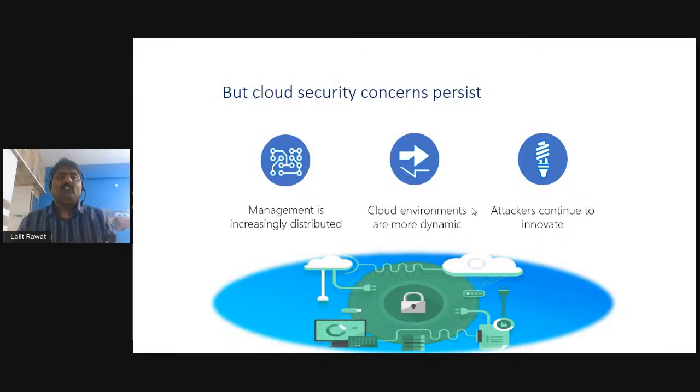They find new ways to attack and reach your resources. Even if you deploy services in Microsoft Azure but do not implement the services which help you govern or secure the Azure components, you are in bad shape.